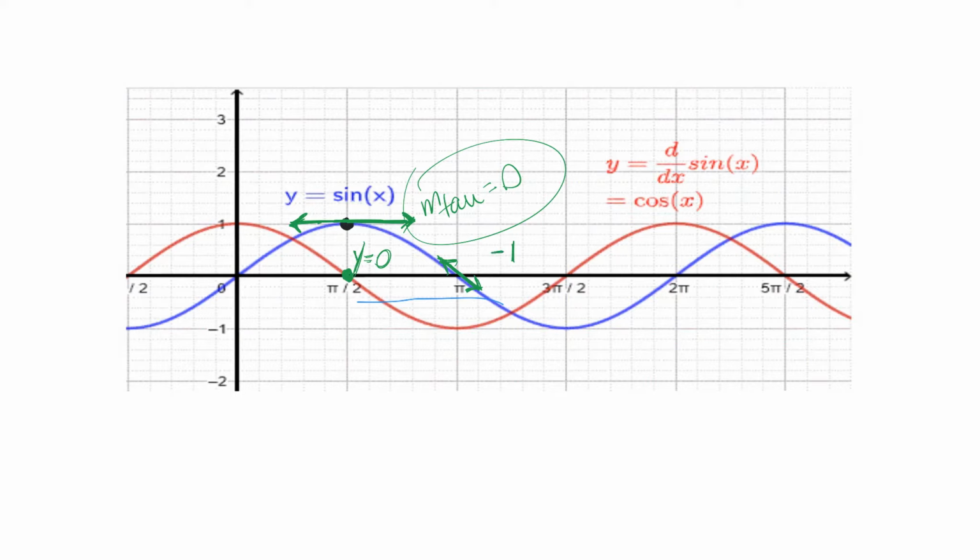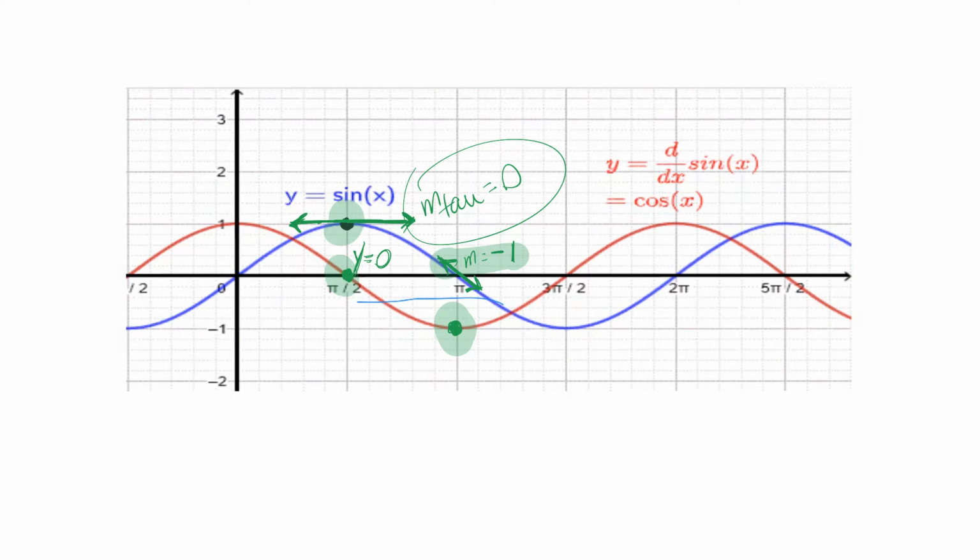So here, my slope is probably -1. And let's see, what is cosine's value? Oh, look at that. It is -1. So again, we have the slope of sine correlating with the value of cosine. That happened here and here.